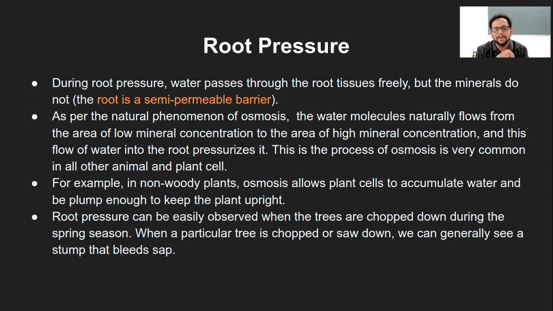That is a plump structure, which is kind of squishy, so once you squeeze it, the water will come out. That is plump enough to keep the plant upright. So that is the mechanism with which those grass-like plants function.